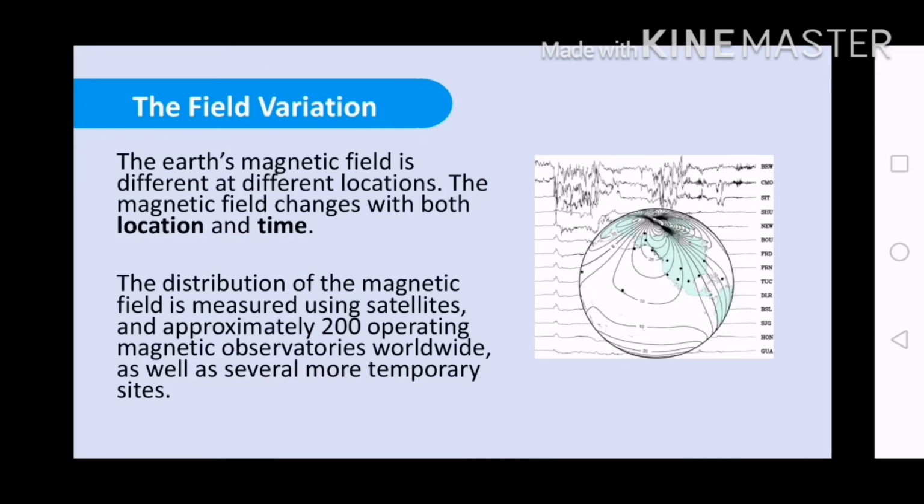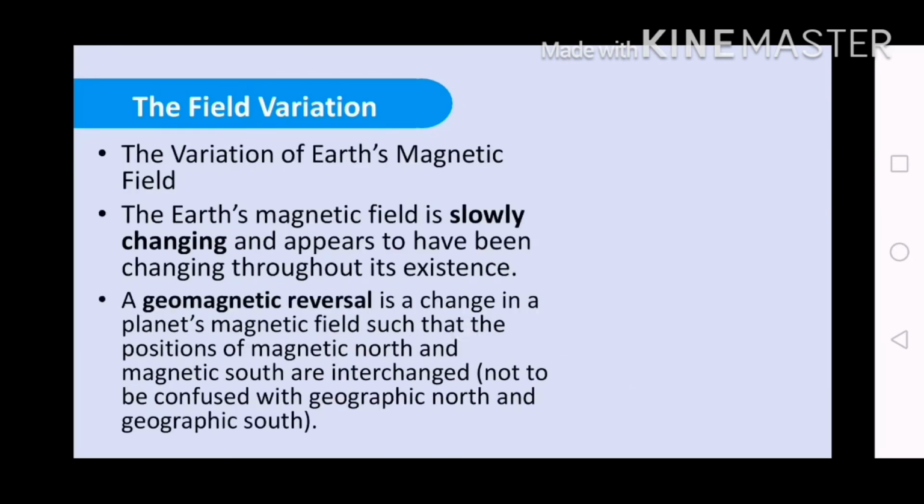The distribution of the magnetic field is measured using satellites and approximately 200 operating magnetic observatories worldwide, as well as several more temporary sites, such as the site we worked on together in the previous example. As we said, the magnetic field differs with time and also location.